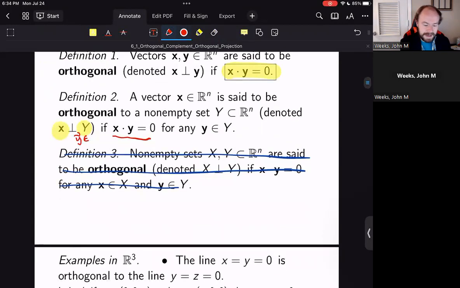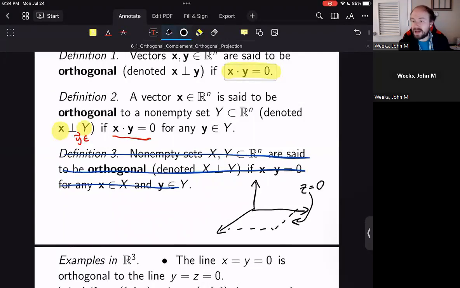An example of this might be if I draw a little picture of R3 here, I might consider the plane z equals 0. So here is the plane z equals 0, or at least its part in the first octant, the place where x, y, and z are all non-negative. Namely, here is the place where z equals 0. It is the xy plane.